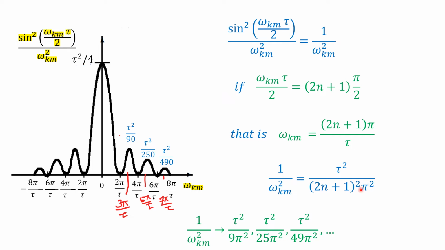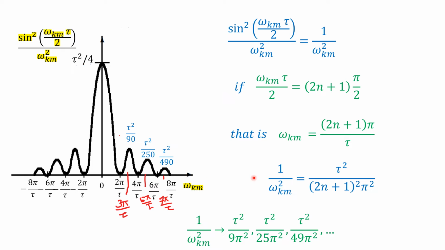Now, when n is equal to 1, 2 plus 1, you will get 3. 3 squared is 9. So when omega km is 3 pi by tau, you will get tau squared divided by 9 pi squared. The value of pi squared is approximately 3.14 into 3.14, about 9.8. You can take it roughly as 10. So the next peak is at tau squared divided by 90.